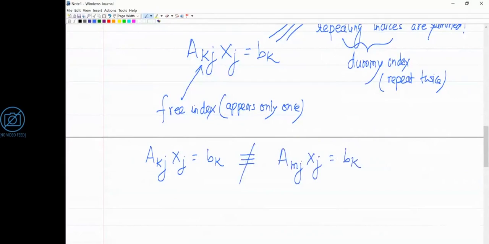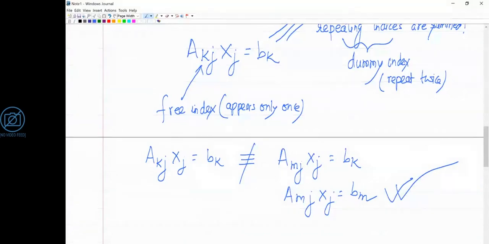So this is not the same thing. Of course, you can say that a_mj x_j is equal to b_m. This is perfectly fine because you change the free index both on the left hand side as well as on the right hand side, then it is fine. But if you change the free index only on one of the sides, then it is not correct.